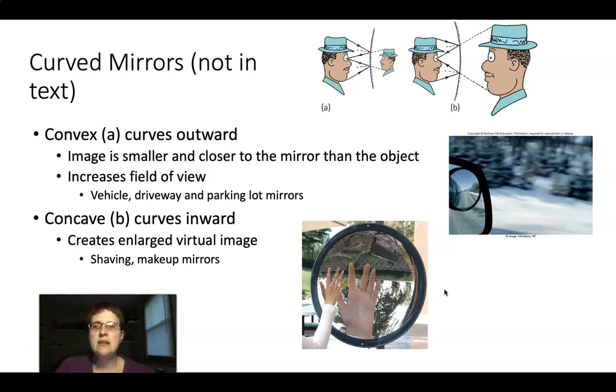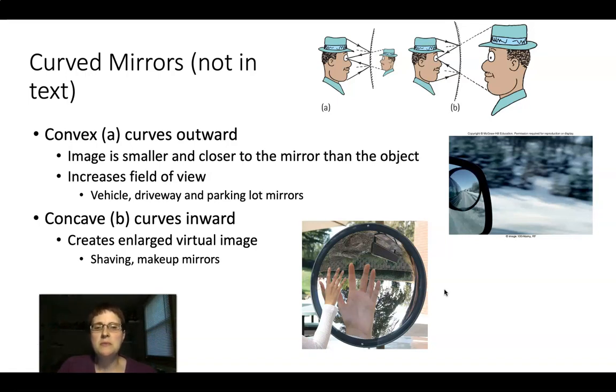You'll also see convex and concave mirrors if you've ever been, for example, in one of the fun houses at the circus or at a fair or festival, because they will combine these to make those strange and weird images, because they're expanding and contracting your vision by altering the shape of the mirrors, either by curving them out with convex shapes or curving them in with concave shapes.